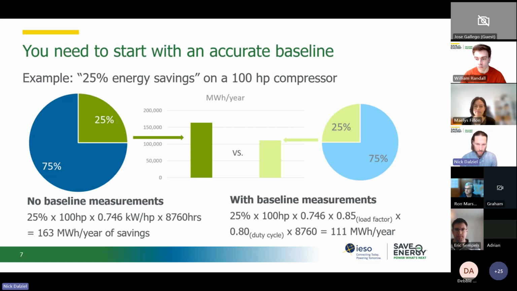Does it shut down on weekends or other periods? And come up with some numbers like an 85% load factor and an 80% duty cycle in terms of the number of hours it's operating. And so that same 25% starts to look like a lot less savings. The cautionary tale here is that even if your savings estimates are perfectly accurate, if you don't start with the right baseline, you're bound to end up with an inaccurate estimate.